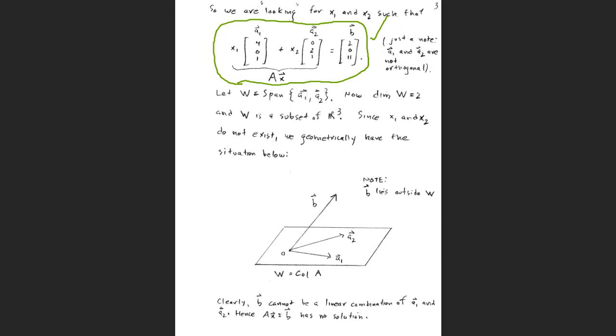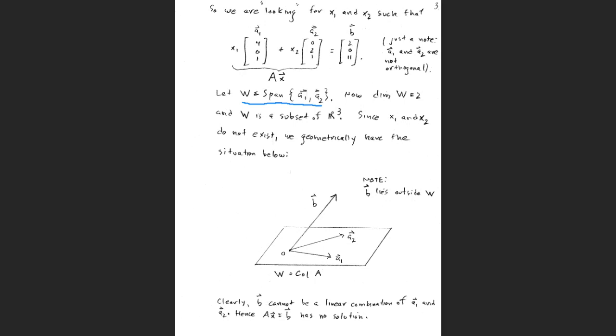Define W to be the span, the subspace that consists of the span of the column vectors A1 and A2 of matrix A. That's a subspace. Any span of any set of vectors is automatically a subspace, right?